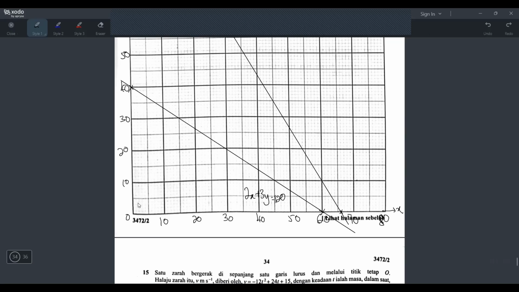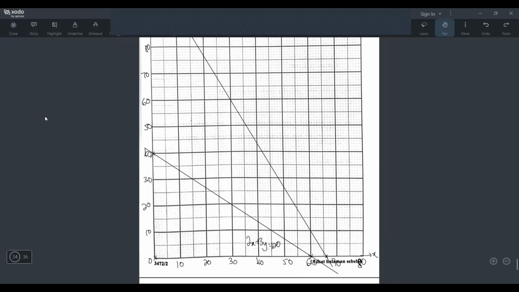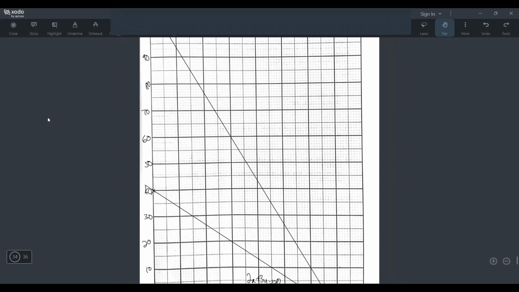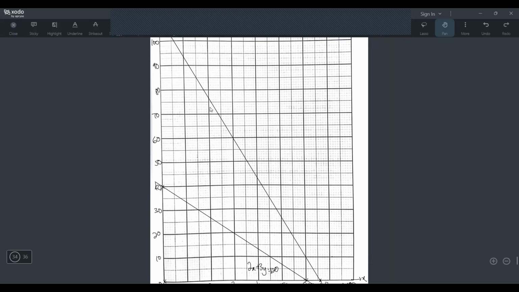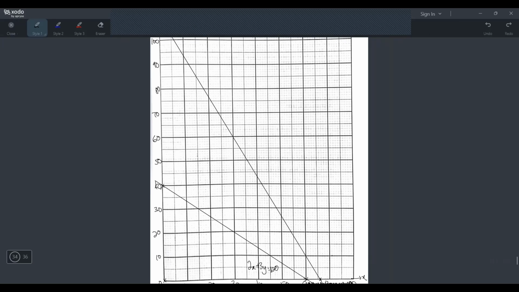So 0, 0 is here, and then 50, 100 is, okay, this one I have to make smaller again. This one is 50, and then go up to 100, so maybe it's here. Okay, and you have to join using a long ruler. So I'm just going to draw one line like this.